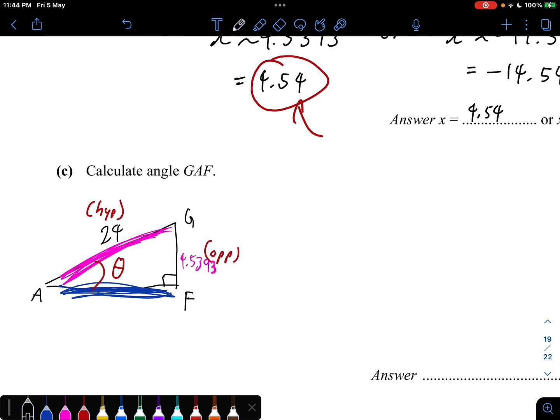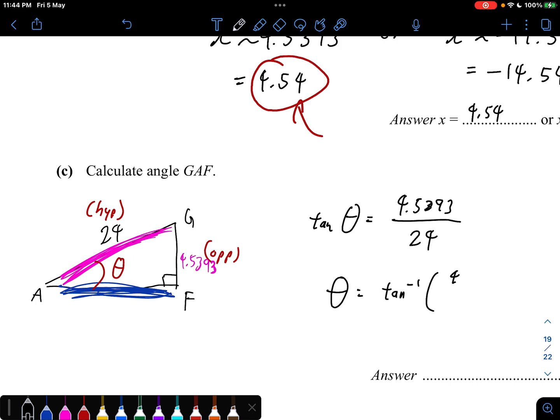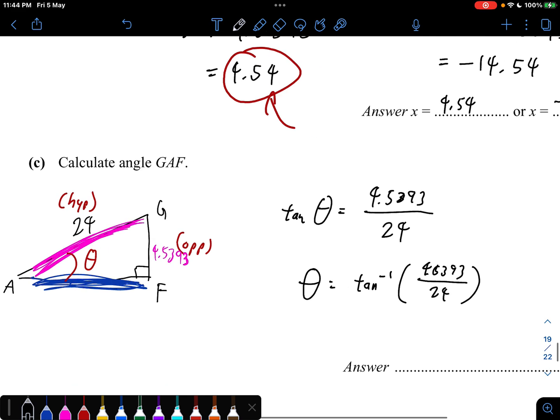So now we want to calculate angle GAF. So tangent theta equals to opposite 4.5393 divided by 24. Solving, you just take tangent inverse of that guy. So let's just calculate it.